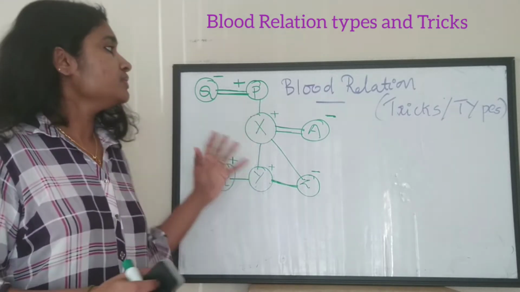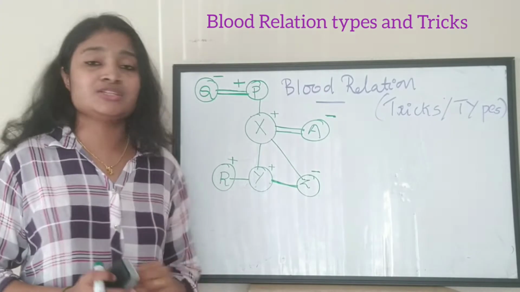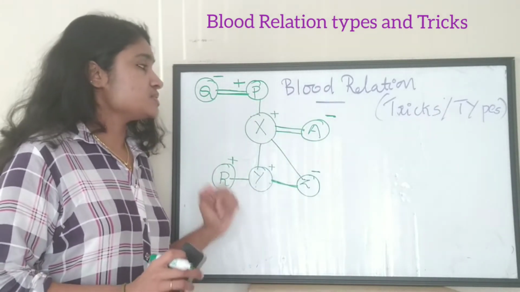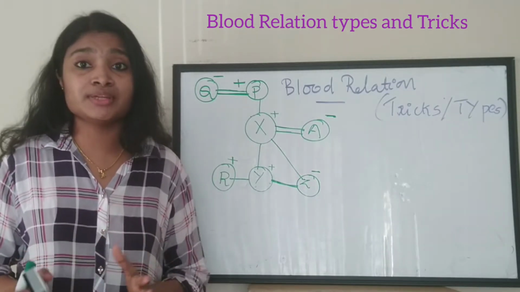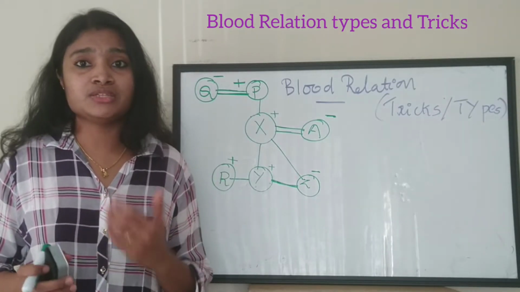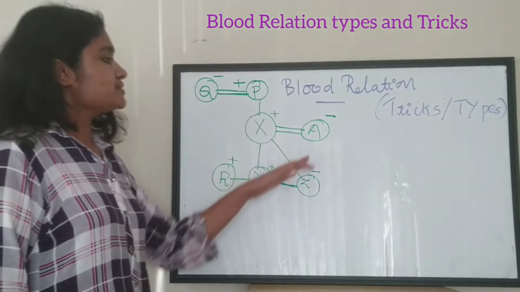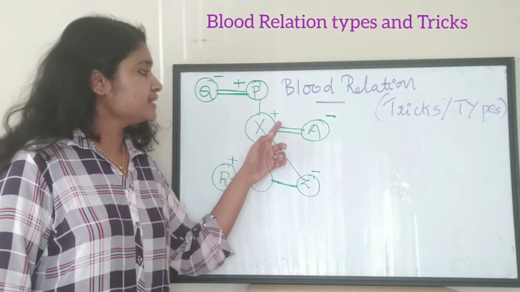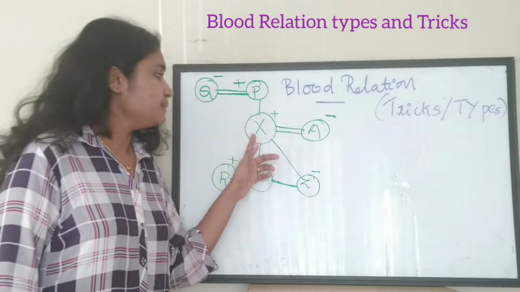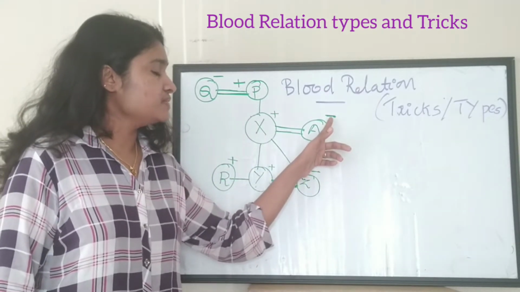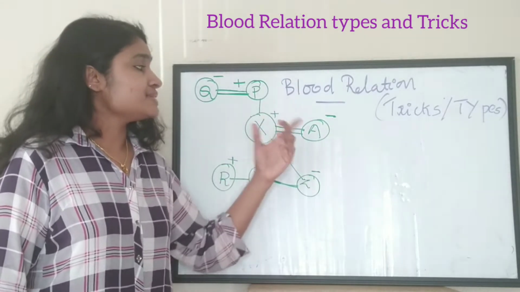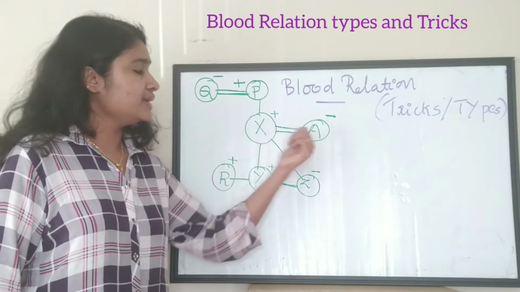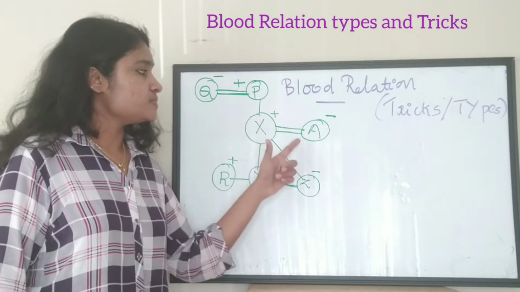Now I have drawn a simple and small family tree here, and I've used certain variables to indicate the persons. Now I am going to explain the conventions used to draw this family tree. Okay, so there are certain variables here. There's an X, and I have given a plus sign here, which indicates that X is a male person, and A is given a negative sign, which indicates that A is a female person. Now there is a double parallel line between X and A. This indicates that they are husband and wife.